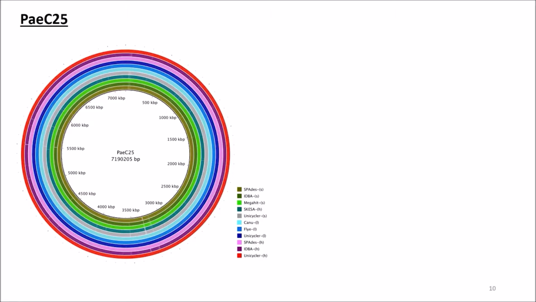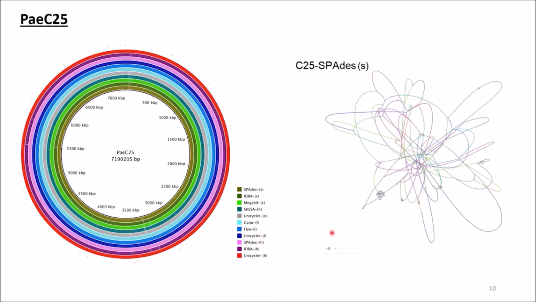Here we have the comparison of all the assemblers for C25, in which we can identify specific regions that were not well assembled by the algorithms, in particular for short-reads-only approaches, or for the purple one for IDBA in hybrid mode. This is explained by the ability to solve the graph.